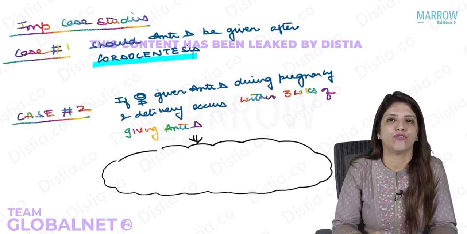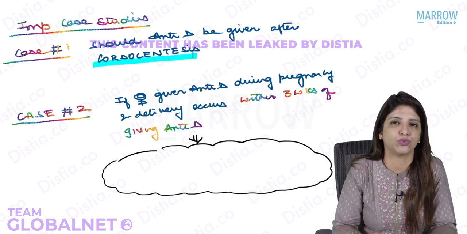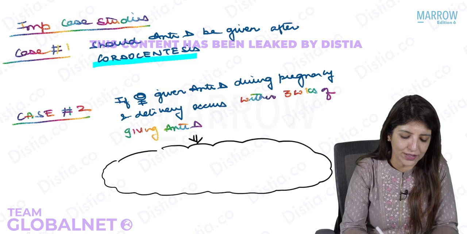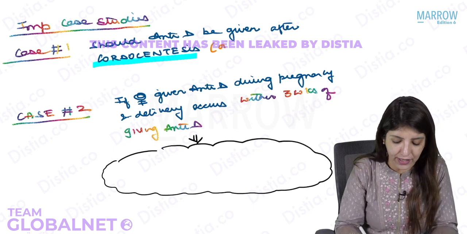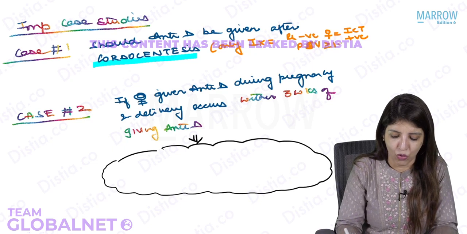Now I want all of you to recall the concepts which I have been telling you in this video throughout. I told you one concept, that the only indication for chordocentesis is if in Rh negative female, indirect Coombs test is positive and peak systolic velocity is more than 1.5 MoM.